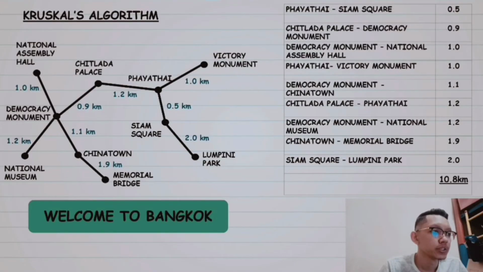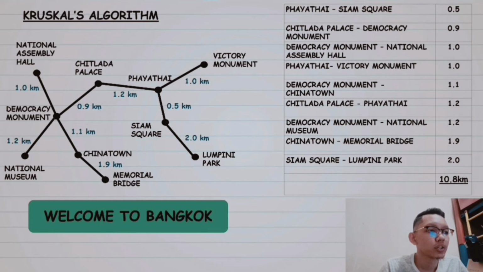For the calculation, I already made a table which includes the routes and the distance for every route, and to get the total of the minimal spanning tree, we need to add all the distances from every route.